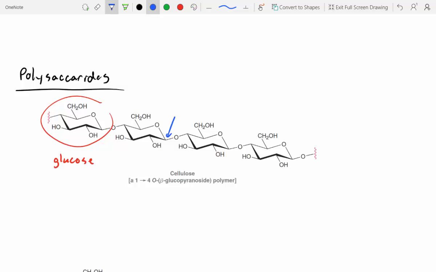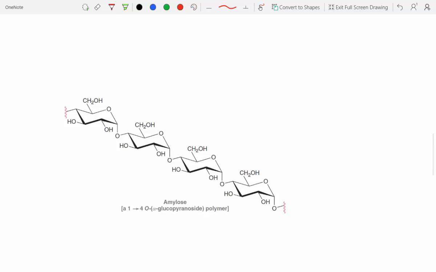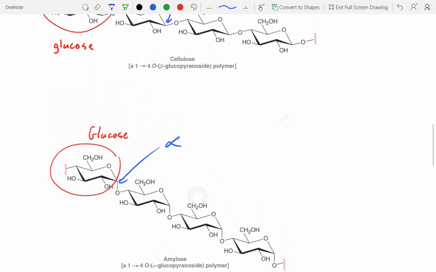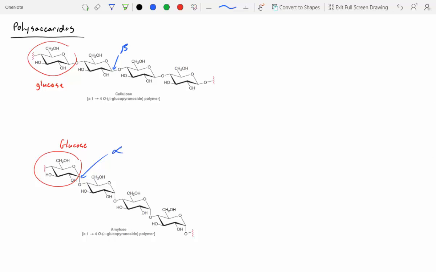Beta. This is a really important distinction because we've got another glucose polymer, starch, or amylose. And this is alpha linked. If we compare these two, they look very similar. Can you digest cellulose? No, we can digest amylose or starches.